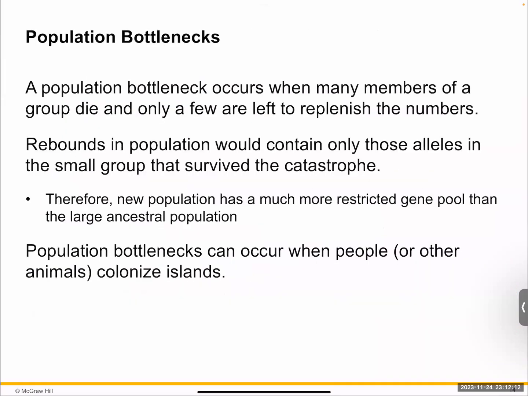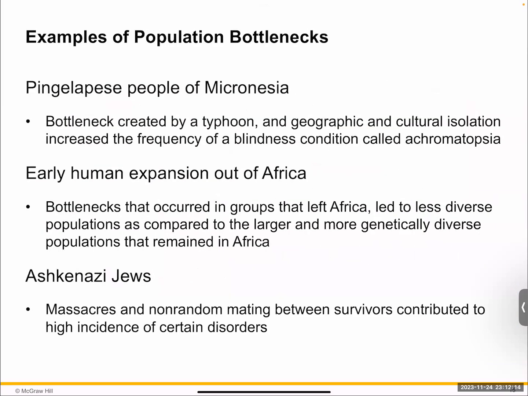Some of the examples of a population bottleneck are found in one of the Hawaiian Islands, among people associated with Micronesia. This is a group of people that live on an island and are very highly isolated as a result of a typhoon that created the original bottleneck.